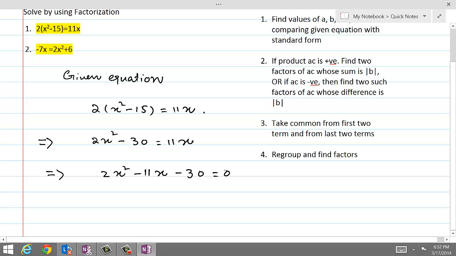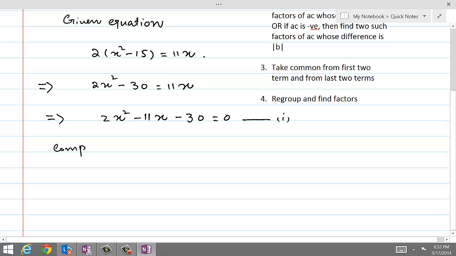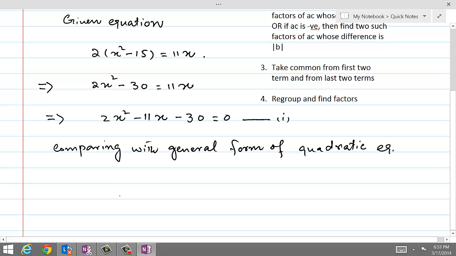So let's call this equation number 1 and compare it with the general form of the quadratic equation. So what is that form?